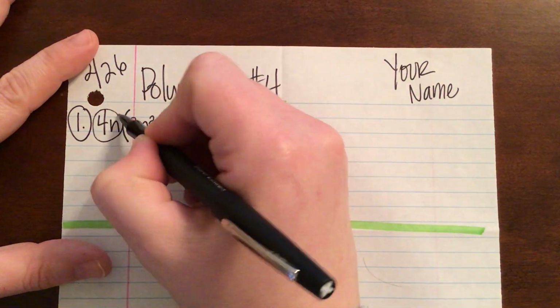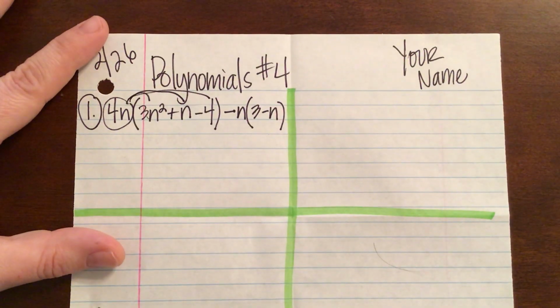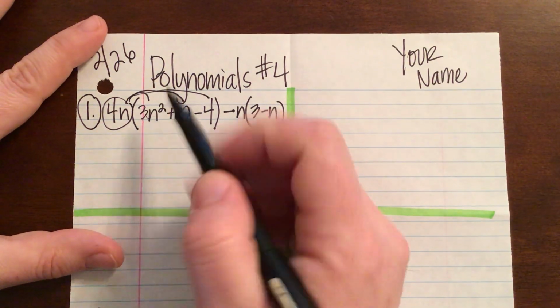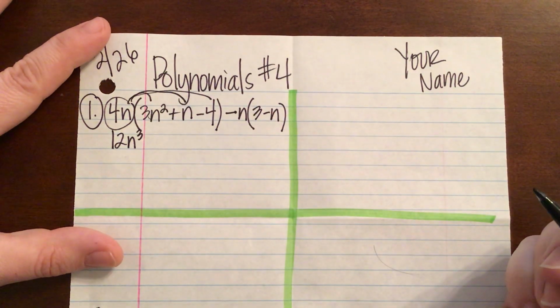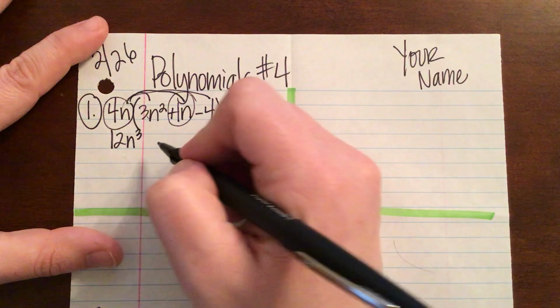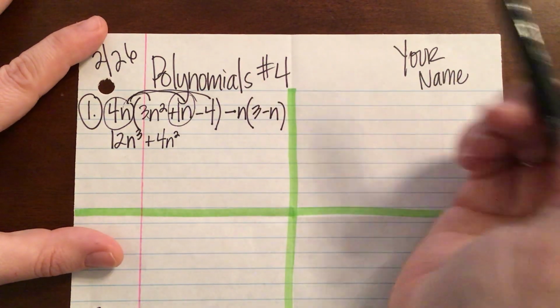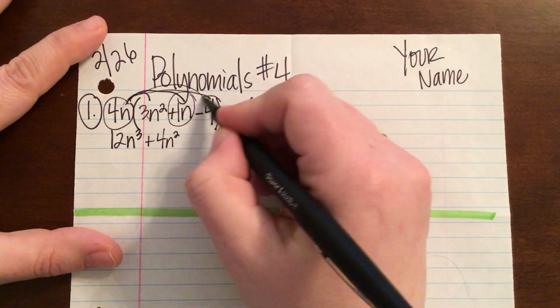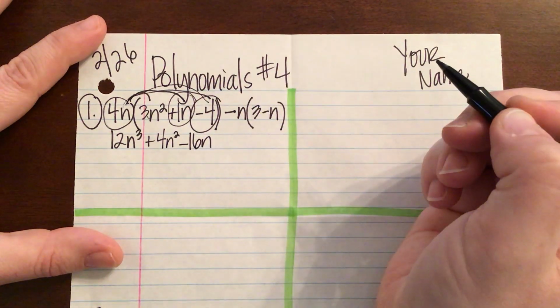So if I have 4n gets distributed to all three terms, 4n times 3n squared makes 12n to the third. 4n times 1n is plus 4n squared. 4n times negative 4 is negative 16n.